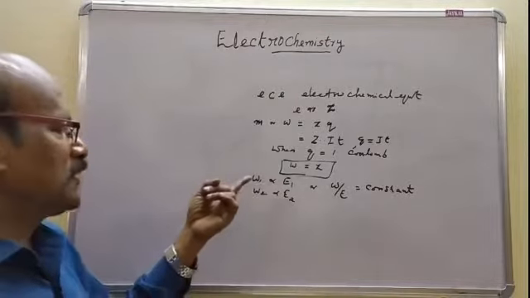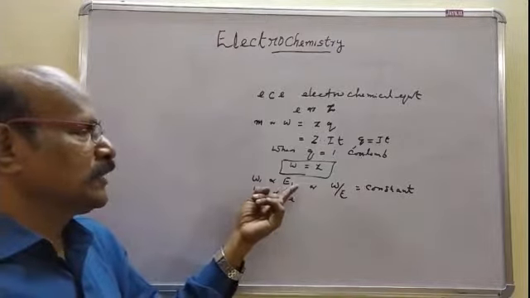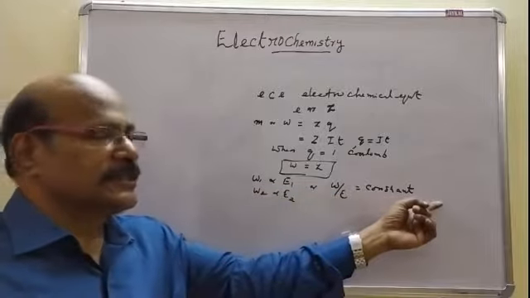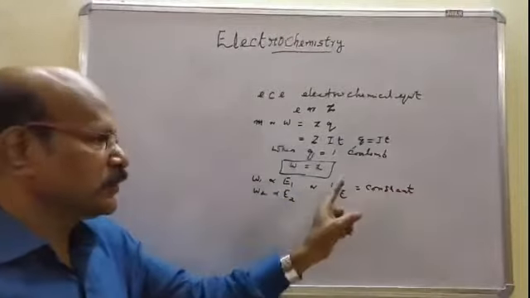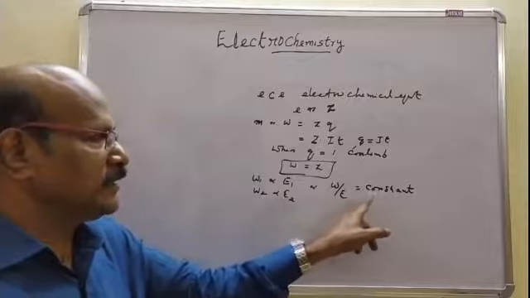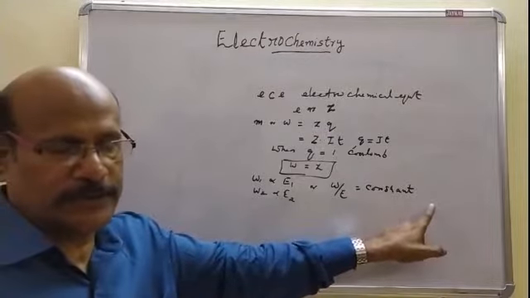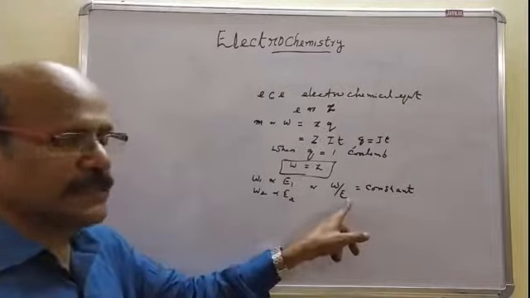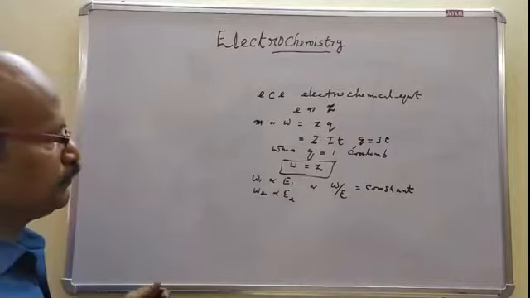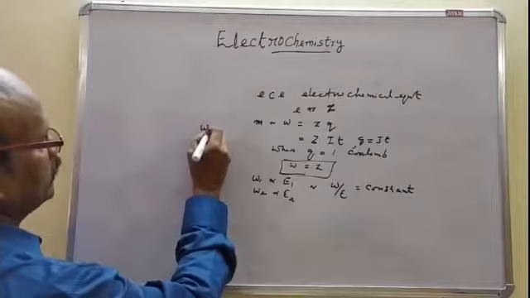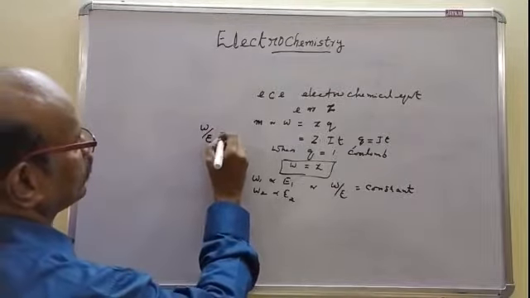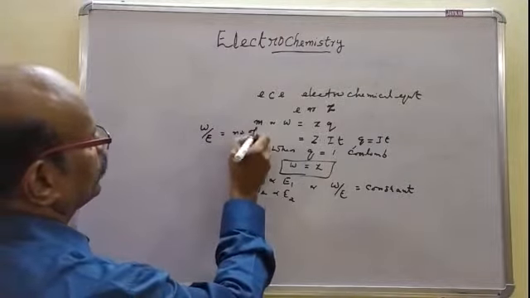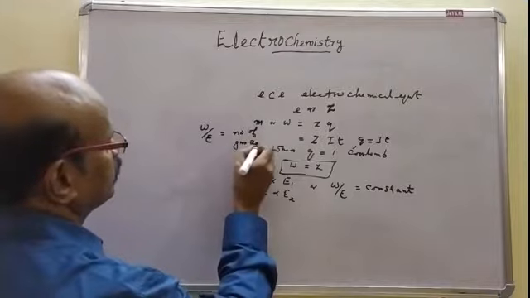That is the equation: W1 is proportional to the respective equivalent mass, provided the same quantity of current is employed. So W by E is a constant if the same quantity of current is employed. Okay, that's very important. W by E is called the number of gram equivalent.